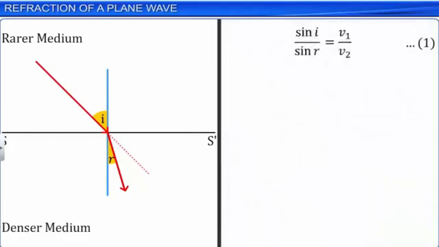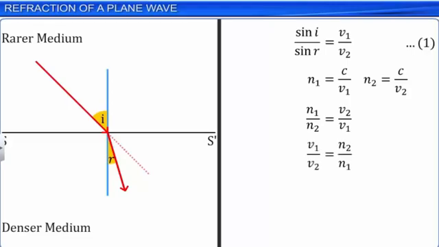If c is the speed of light in vacuum, then the refractive index of medium 1, N1, is equal to c by V1, and the refractive index of medium 2, N2, is equal to c by V2. Therefore, N1 by N2 is equal to V2 by V1, which can also be written as V1 by V2 is equal to N2 by N1.